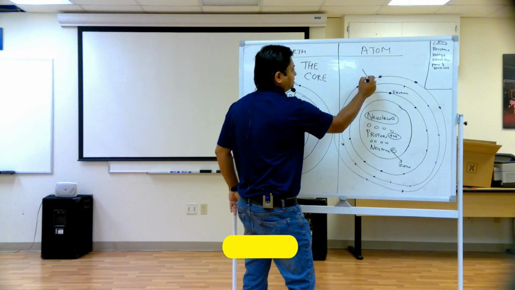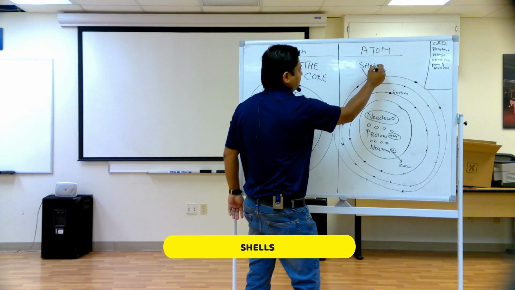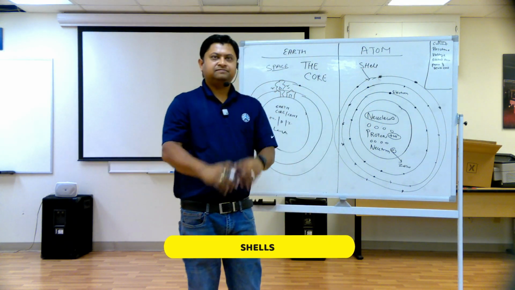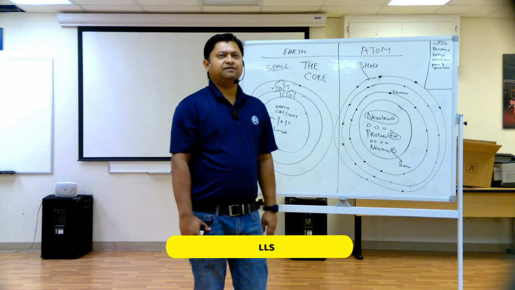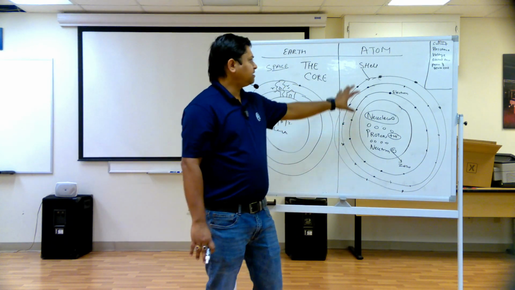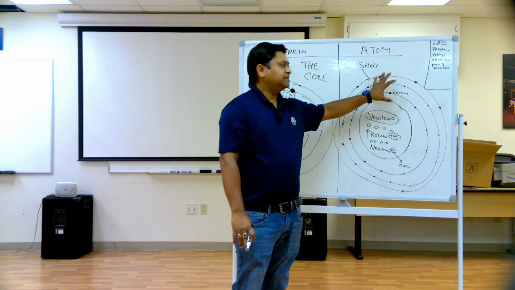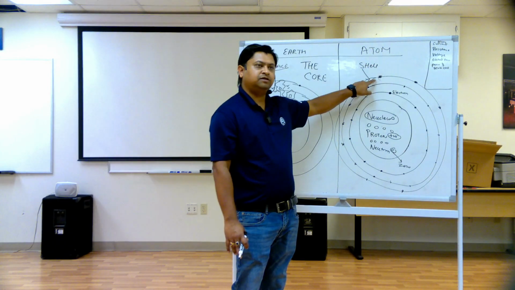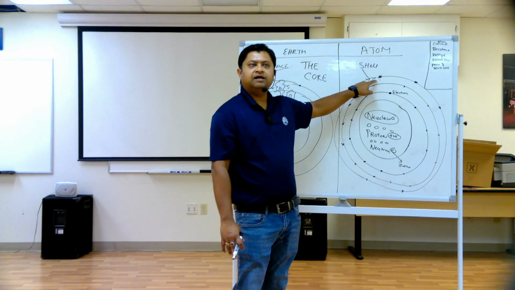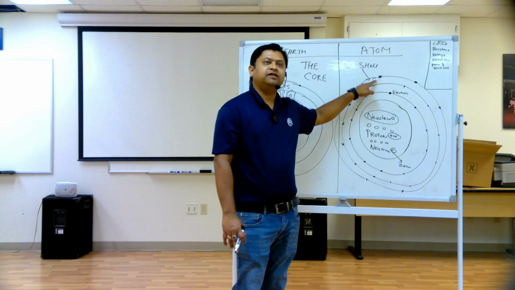Like an eggshell, these things are known as shells. Actually, it is known as the valence shell, but no need to go there. Remember this: how many electrons are sitting in the outermost shell, that is what we are going to use for electricity.